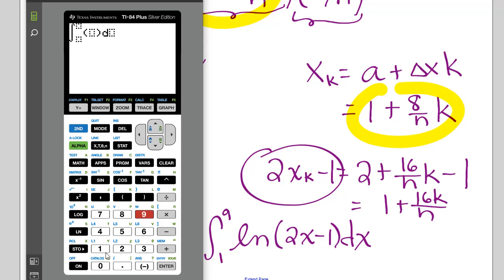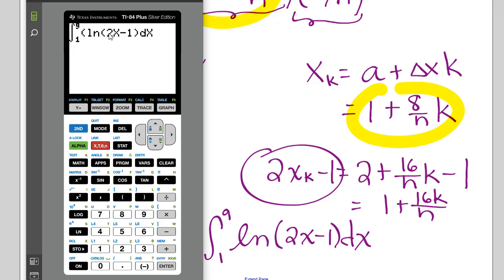We're integrating from 1 to 9, and we're looking at the natural log of 2x minus 1 dx.